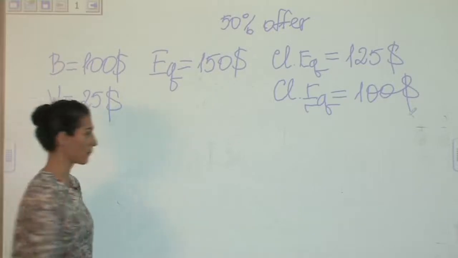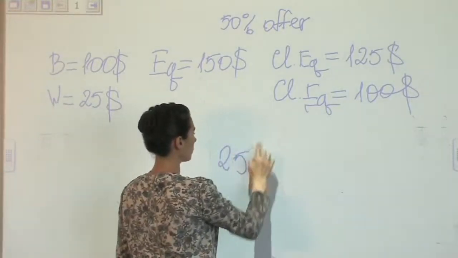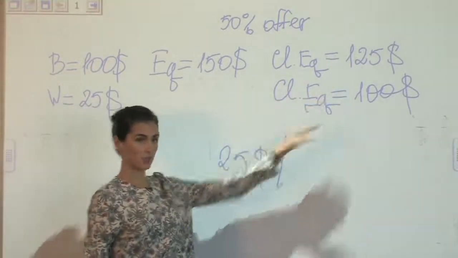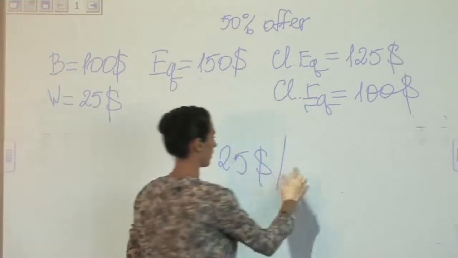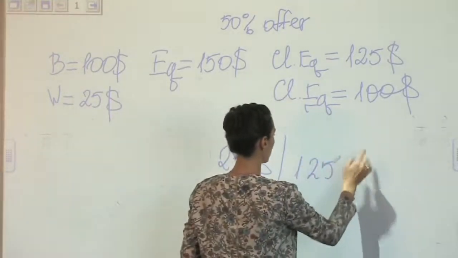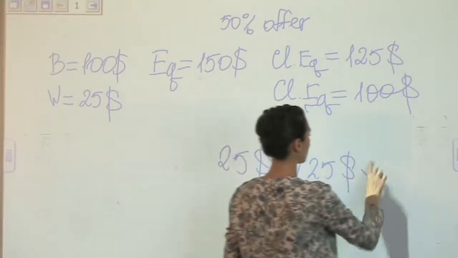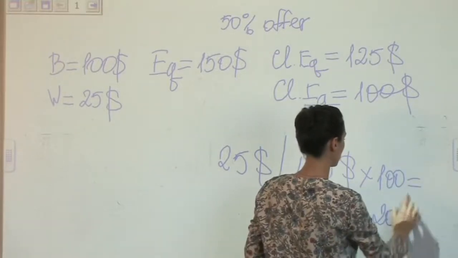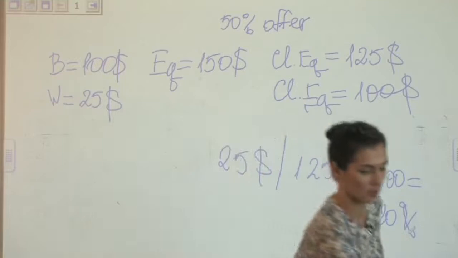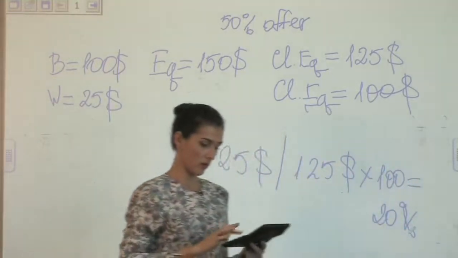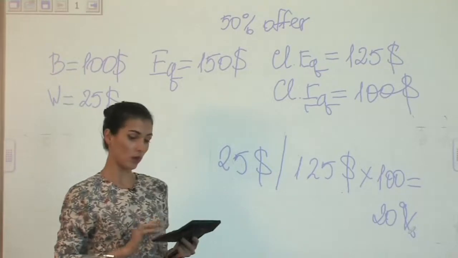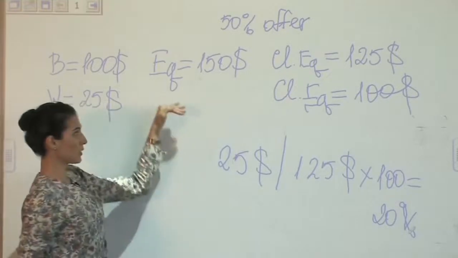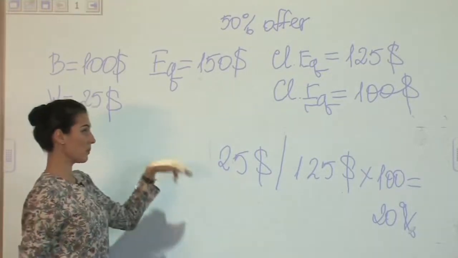What does it mean? Let's make a proportion. $25 divided by, this is important, by clean equity, $125, and multiplied by 100. That's 20%. Is it right? 25 divided by 125 and multiplied by 100. Yes, this is 20%. So the equity will decrease by 20%.